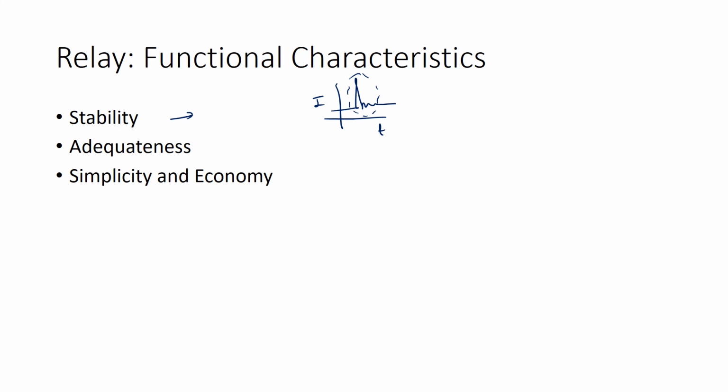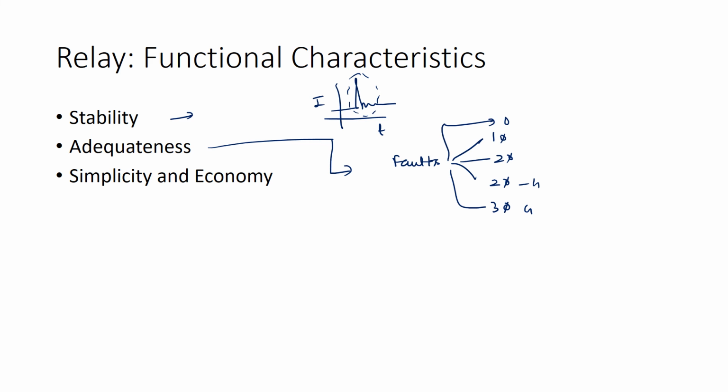Now we again discuss the adequateness. Adequateness of the relay is, let me say, if I talk about the faults, there are multiple types of faults, like a single phase fault, a double phase fault, a double phase to ground fault, a 3 phase to ground fault, and an open conductor fault. All these faults occur on the relay and are subjected to different fault MVA.